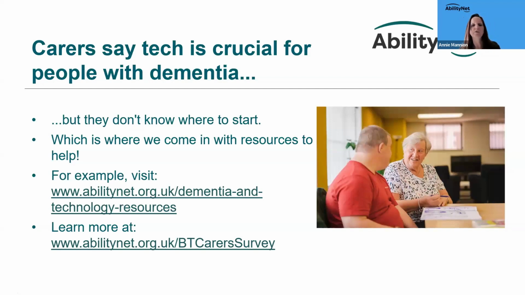The results showed that 40% of carers are unsure how to use technology in their caregiving routines, and 52% feel there isn't enough training to help them use tech in their caring for loved ones. So that's where we can come in with resources to help.